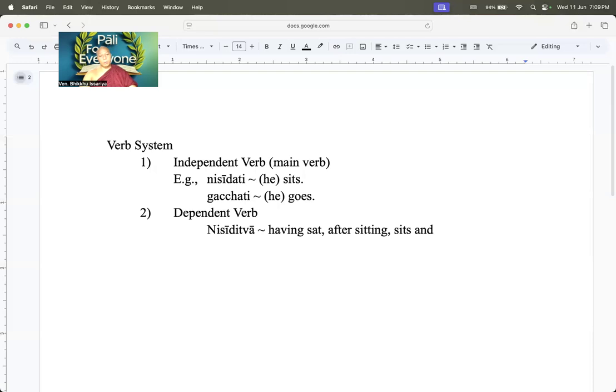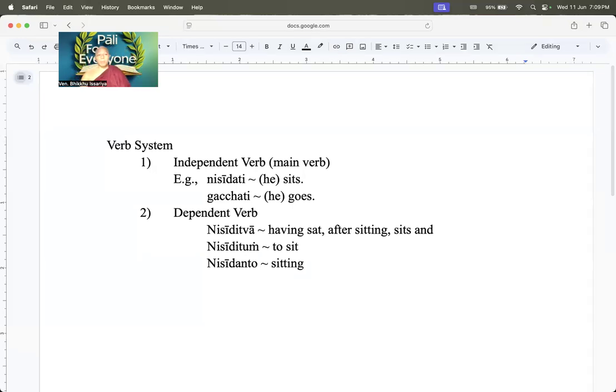And also nisīdituṃ, to sit, like that. And also nisīdanto, sitting, something in this way.